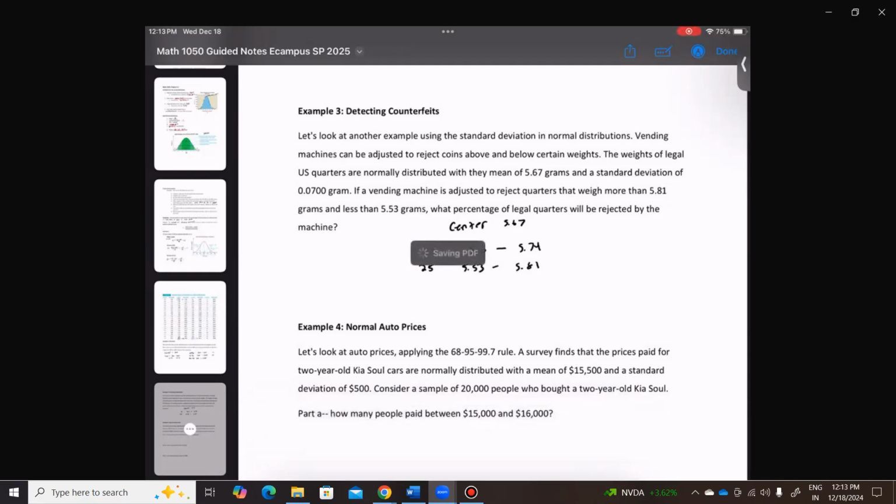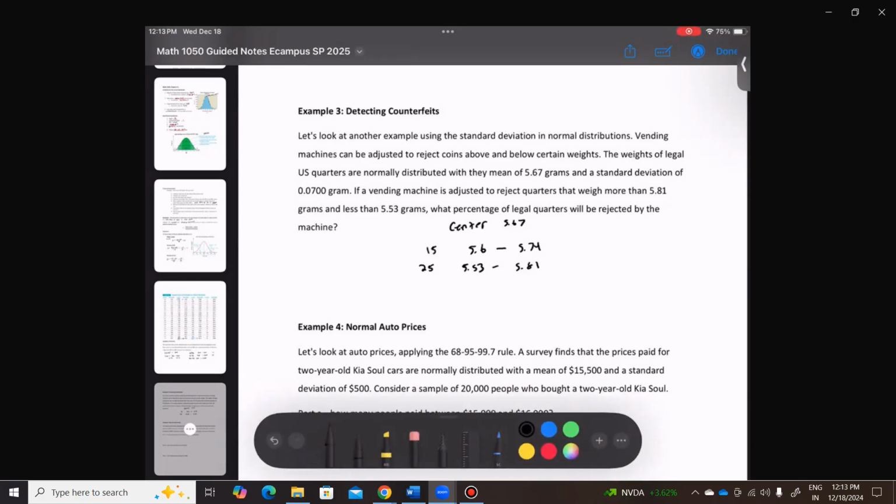All right, so they are rejecting anything outside of 2 standard deviations away. Okay, and that's 95% being allowed, so they are rejecting 5% of coins. And these are the coins that are actually made to be actual money.